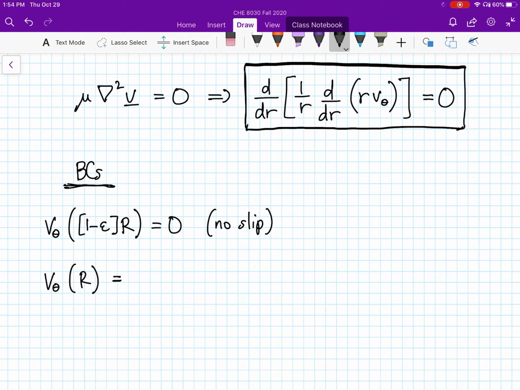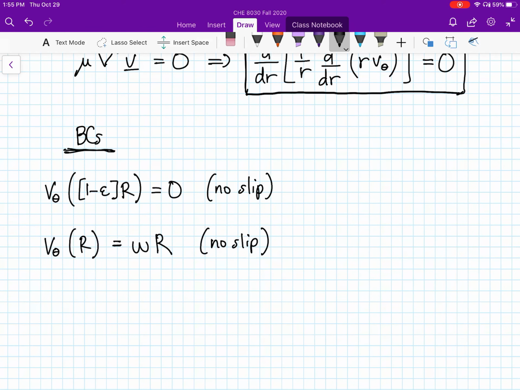So here is where many students in undergraduate make the mistake of simply writing omega. Omega is our angular velocity and has units of per second. We need this to be not an angular velocity but a linear velocity. To get that to be a linear velocity, we need to multiply by the radius of the pipe. That becomes our correct boundary condition, which again is a no-slip boundary condition.